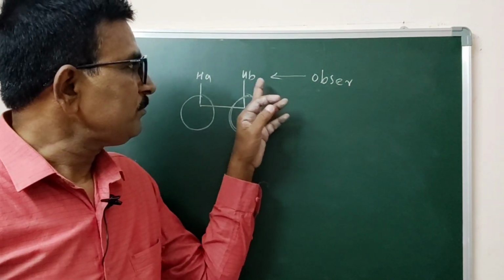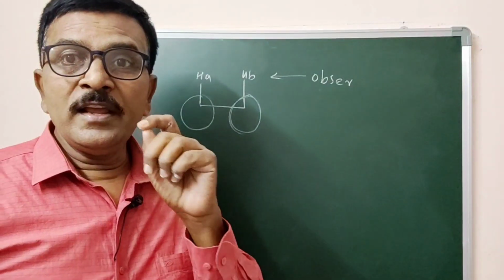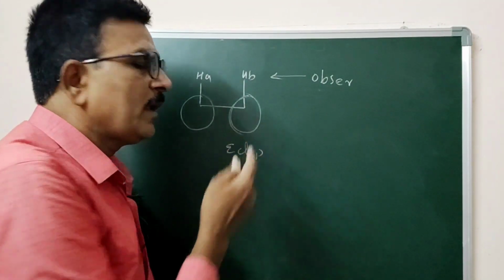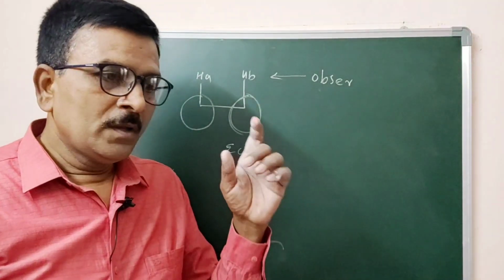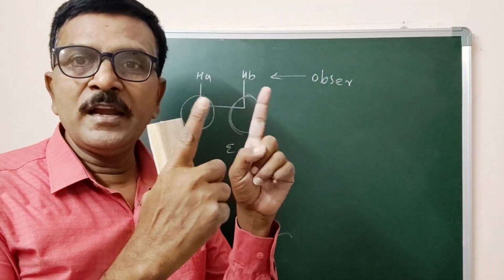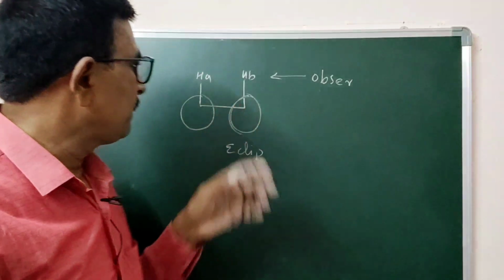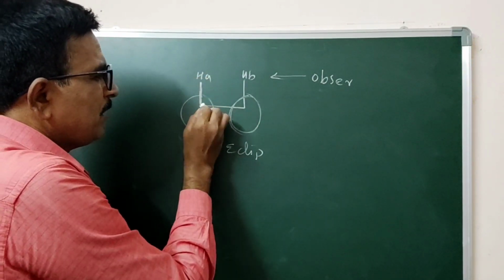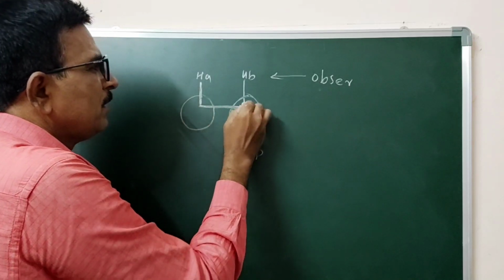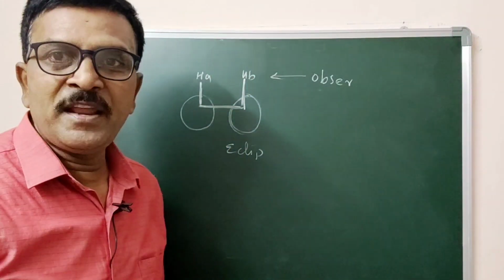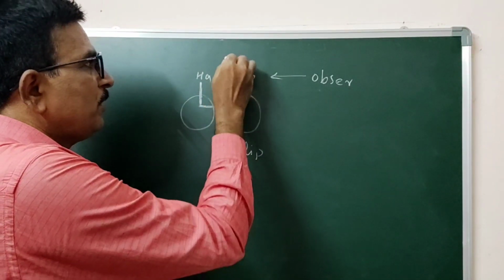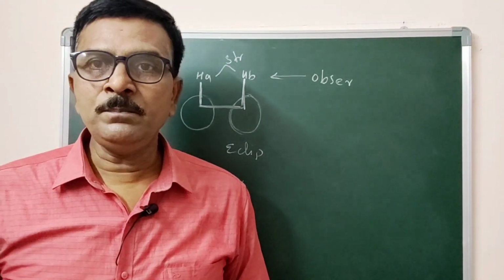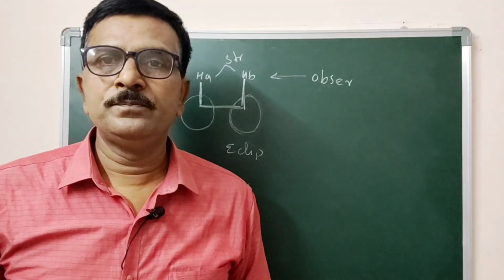Now at 0 degree dihedral angle or under eclipsed conformation, the two hydrogens A and B are in plane. Say the electrons between Ha and carbon, carbon and carbon, carbon and Hb are in plane, therefore strongly coupled, hence there is a maximum coupling constant value.